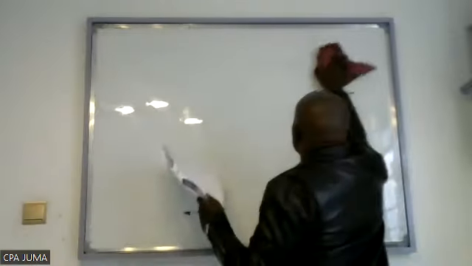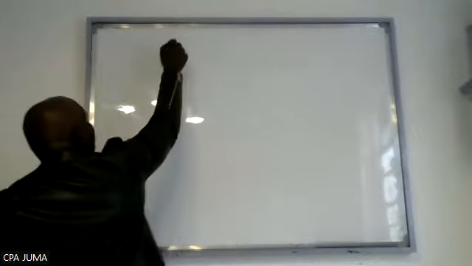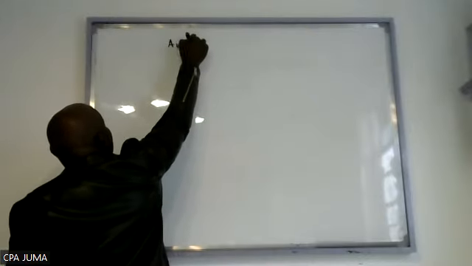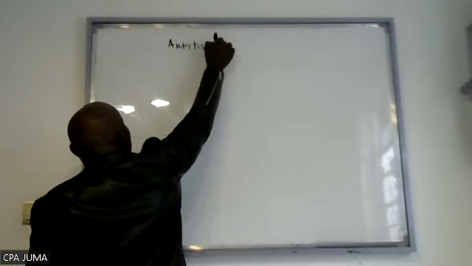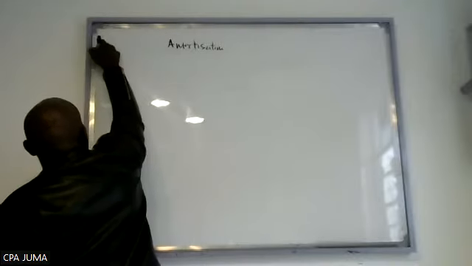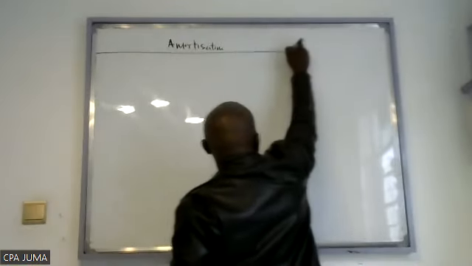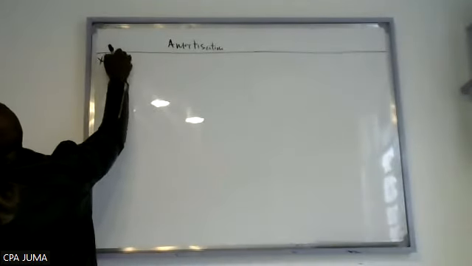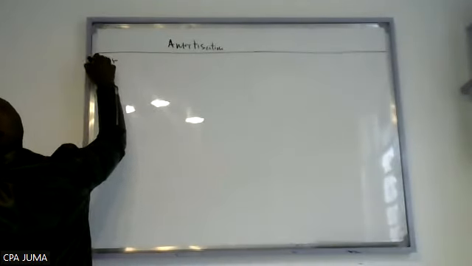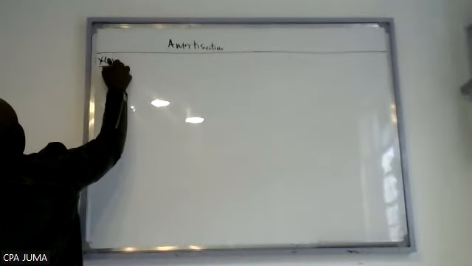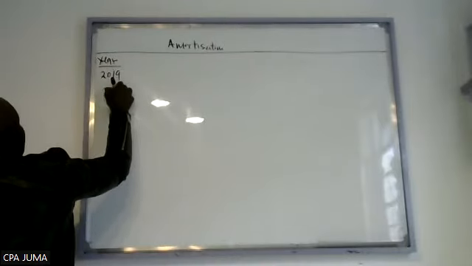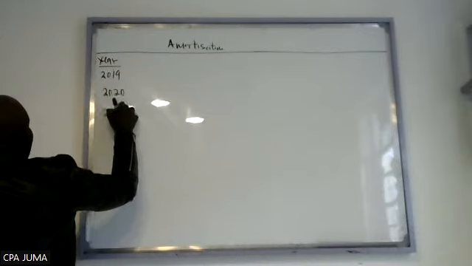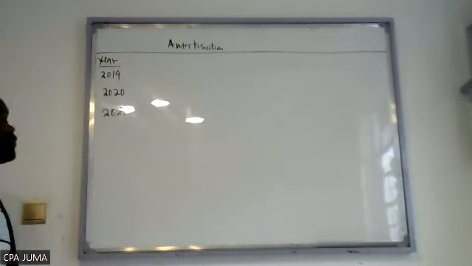So amortization, you amortize the liability. So amortization. So year, January 2019. So 2019, 20, 21.